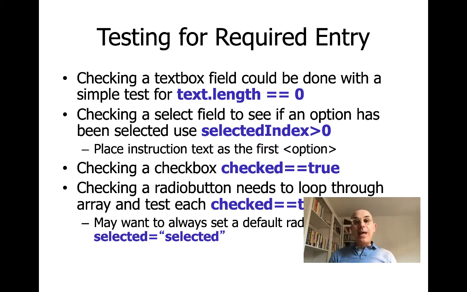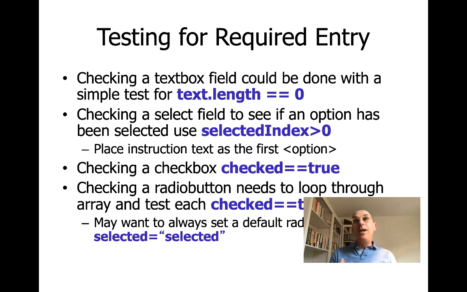Checking the text box field can be done with a simple text length check. How long is what the user who used our form entered? If it's equal to 0, we will call him back and say, hey, you did not fill out the form. We can also check the select field to see if an option has been selected.